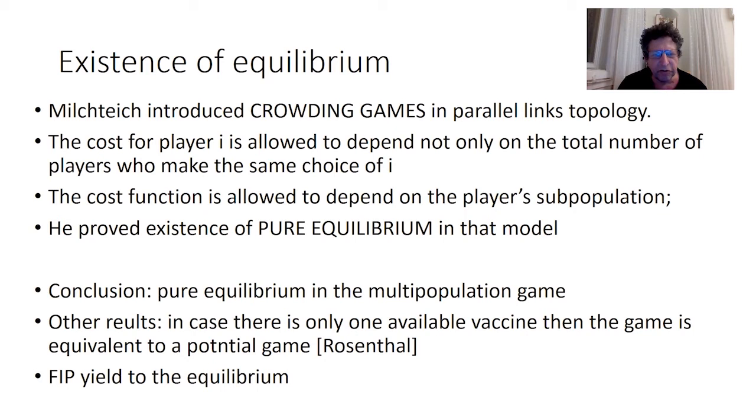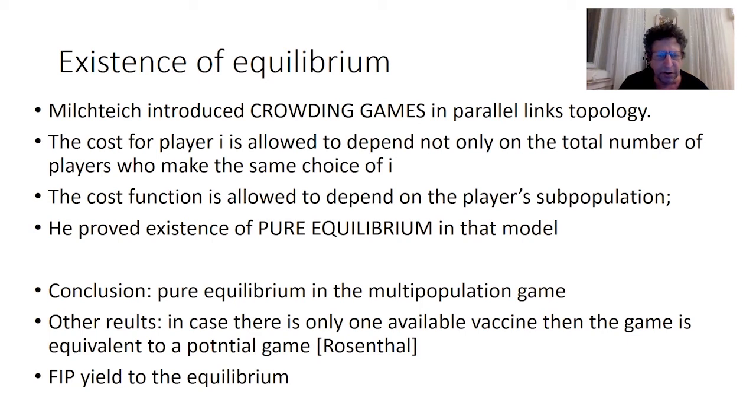Milchtaich introduced crowding games in parallel link topology. And it turns out that his framework is equivalent to ours. The cost for player i is allowed to depend on the total number of players who make the same choice as i, and also on the player's subpopulation, so this is the risk factor of the given player.